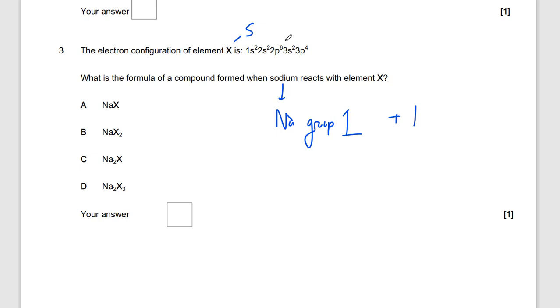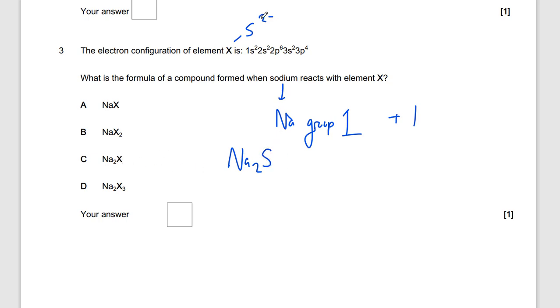But it's about realizing that sulfur should be a 2- charge. If sulfur is a 2- charge, then you'll need 2 positive sodiums to balance it out. So what you'll need is Na2S. Or in this case, Na2X.